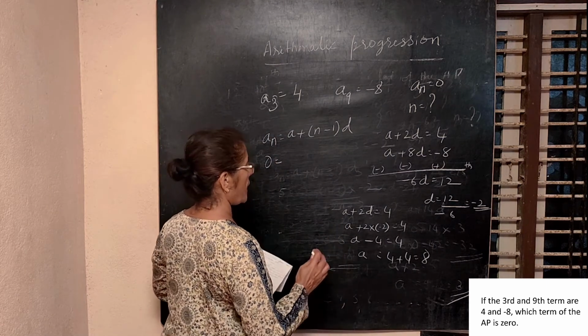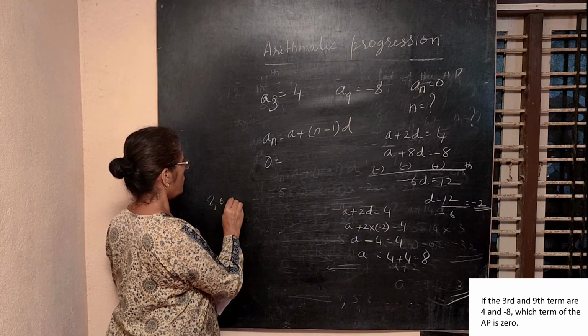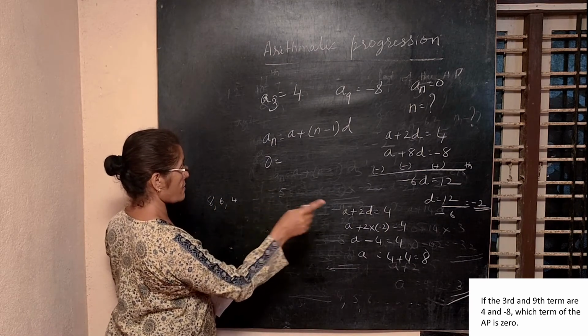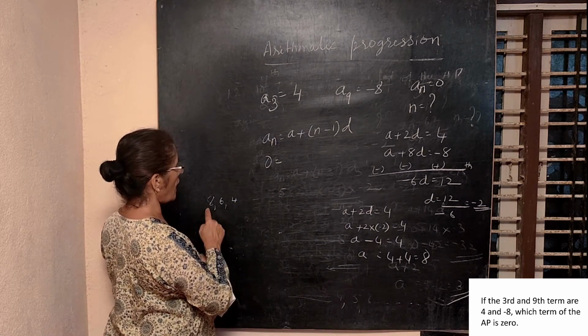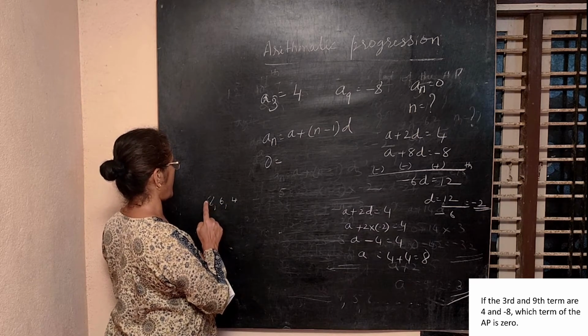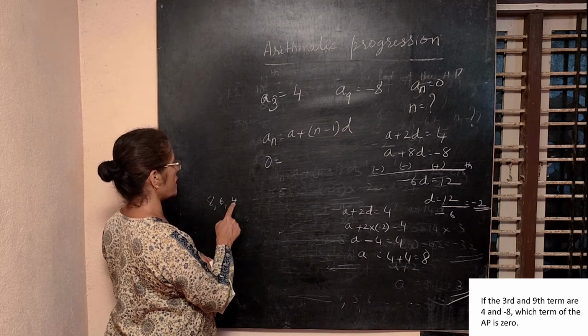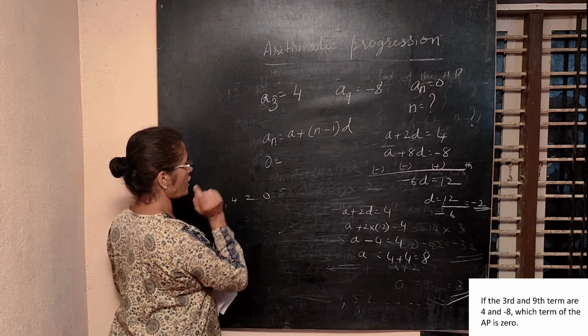What is the AP? 8, 6, 4, because D is minus 2. Every time you have to reduce 2, and so on. So, now you can tell which term. You can very easily say: first term, second term, third term, fourth term, fifth term. Right? Here also you have to get the same answer.